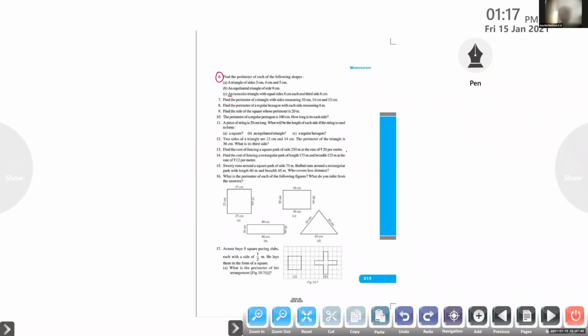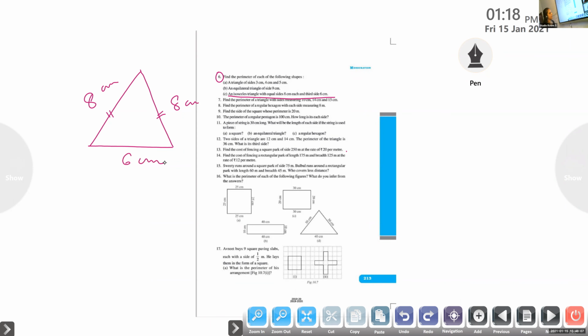Again, an isosceles triangle with equal sides. Here we don't have any special formula, but what did you understand from isosceles? Two sides are equal, and the third side is different. Two sides are 8 centimeters each, and the third side is 6 centimeters. How will you find the perimeter?